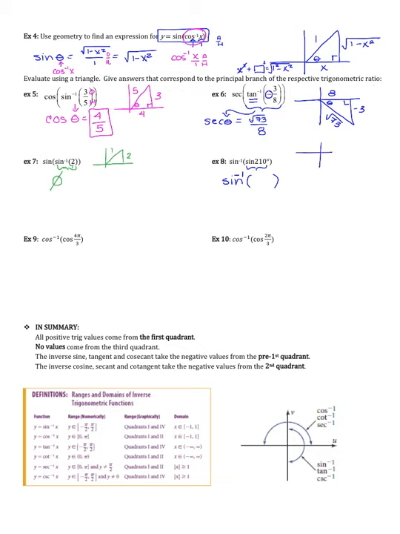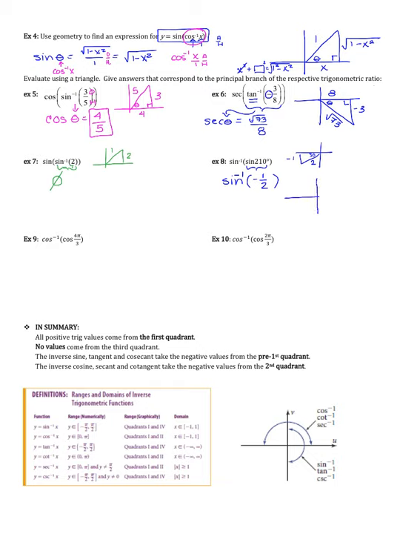That is a reference angle of 30, right? Because that would put me at 210. And sine is opposite over hypotenuse, so that is a negative 1/2. These are really tricky, guys. So they're giving us, what is the inverse sine of a negative 1/2?